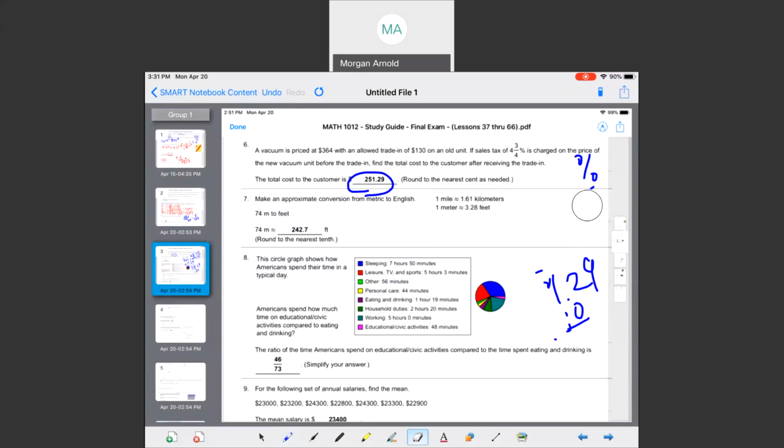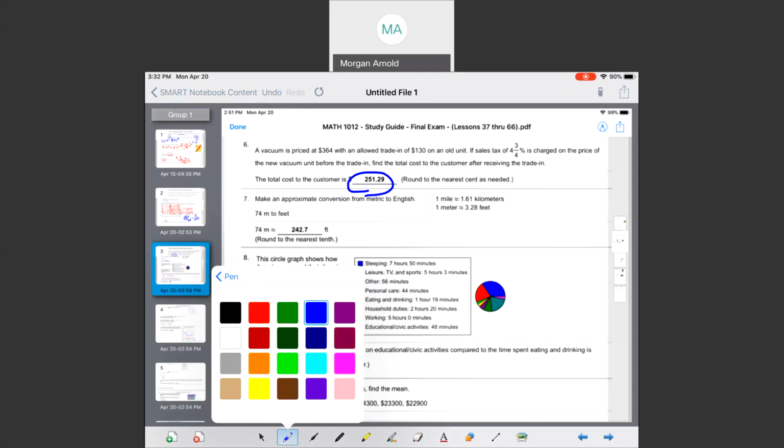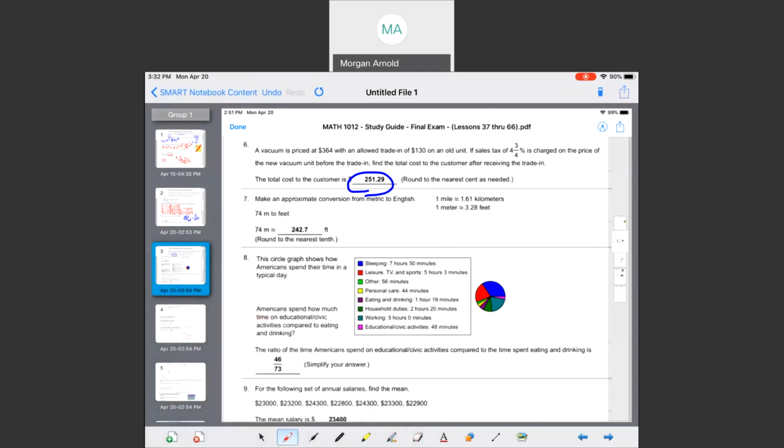Question 7. Make an approximate conversion from metric to English. And we're converting 74 meters to feet. If 1 meter is equal to 3.28 feet, then we're trying to find 74 times the amount.